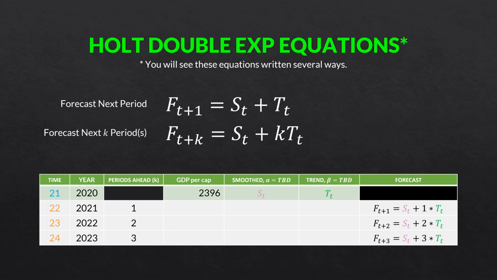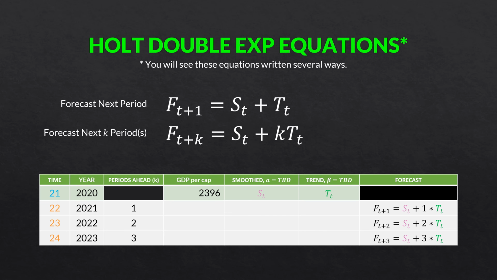For example, in our Nigeria data, the last year we have is 2020. The GDP per capita in that year was 2396. Now, we want to create a forecast for the year 2021. How do we do that? What do we need? Well, to do that, we have to calculate s sub t, the current smooth level, and t sub t, the current smooth trend.